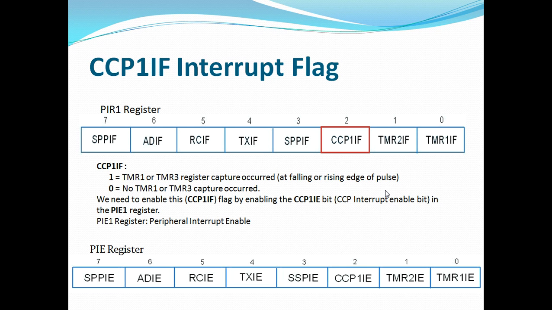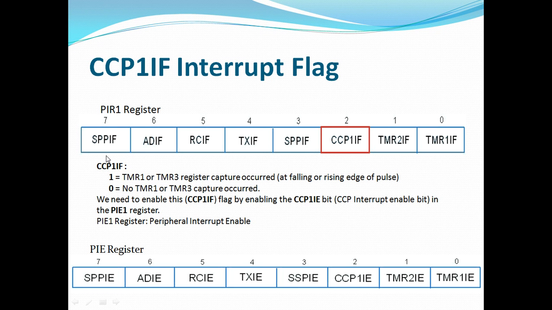Now, to avail this facility, one interrupt flag is given inside the PIC microcontroller, called CCP1IF, the CCP module interrupt flag. This flag is raised to 1 whenever a timer 1 or timer 3 register capture occurs at every falling or rising edge of the pulse as per user needs.